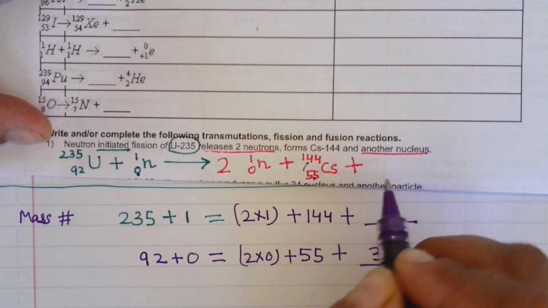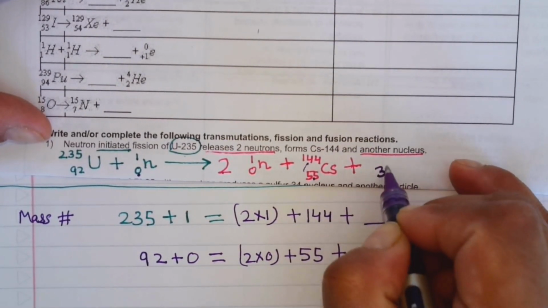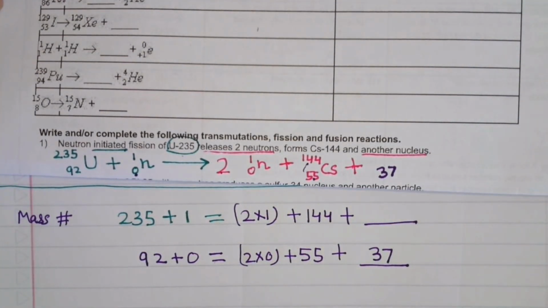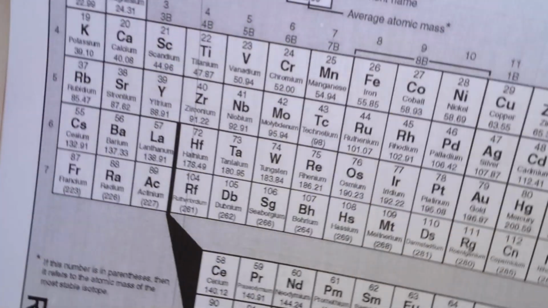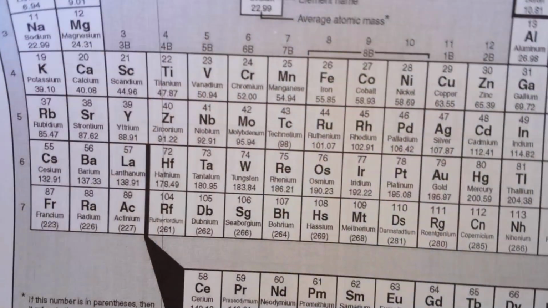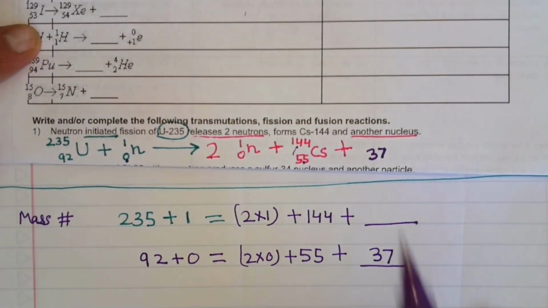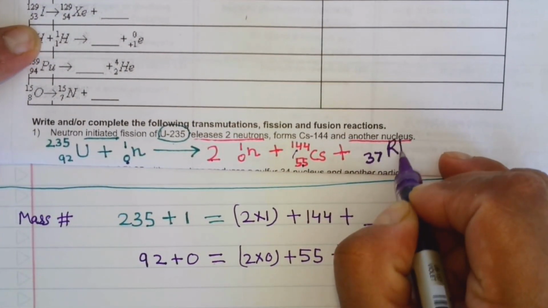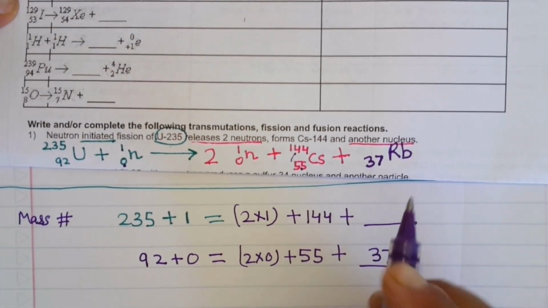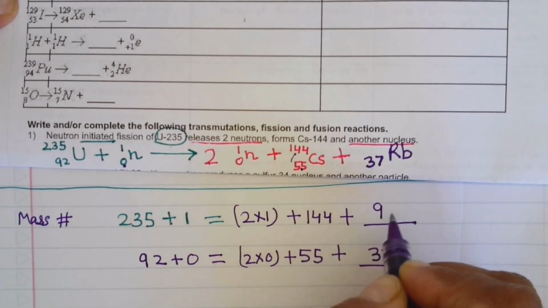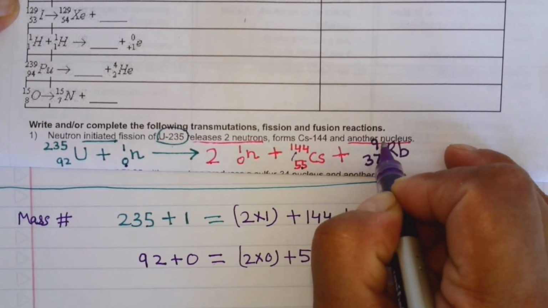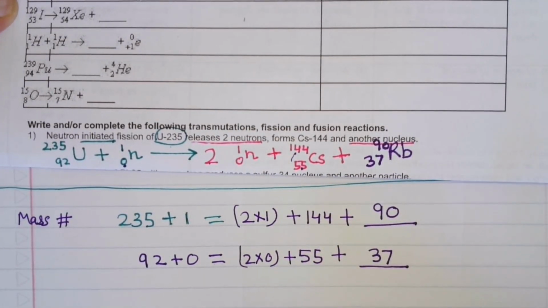Now I know that the atomic number of the element is 37, right? So now look at the periodic table and figure out the atomic number 37, which is rubidium, Rb, right? So let's write rubidium here, and then if you calculate the mass numbers, you will see the mass number of rubidium comes out to be 90, and then we will write down 90 here, right?